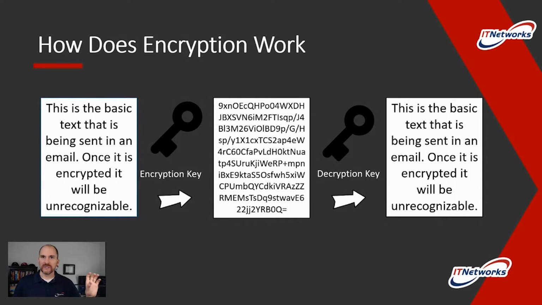On the back end, the email security system encrypts it and sends it in that encrypted gibberish format. Then on the recipient's end, once they receive it, their system has the decryption key and it unencrypts that data so that they can read it. It's legible for them.